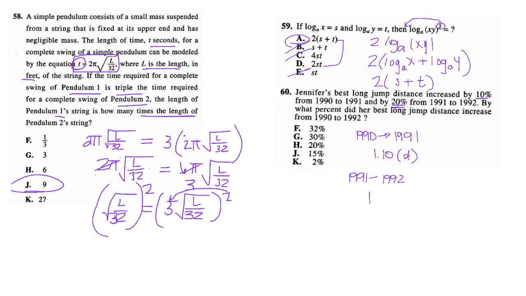So that's 1.2 times what she already had a distance of, which was 1.10 D. And so if we multiply these two values, we're going to get 1.32 times D. So she really increased by 32%. So that's going to be answer choice F.